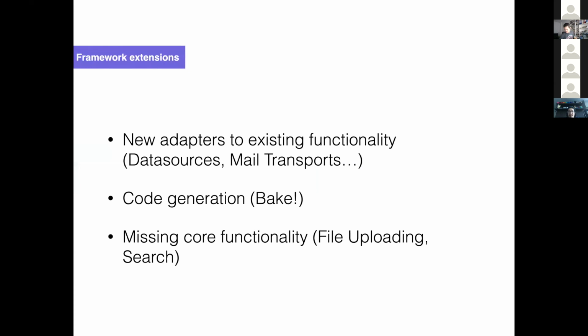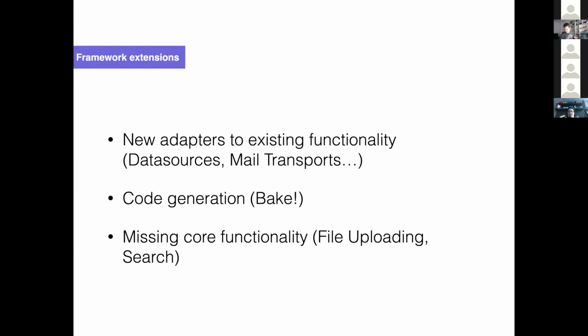So framework extensions, easy things to build as new plugins, are adapters to existing functionality. CakePHP was built with the idea of batteries included, but replaceable. And so you'll see this if you've ever attempted to build a new data source for something we didn't have in the core, such as Elasticsearch or MongoDB.